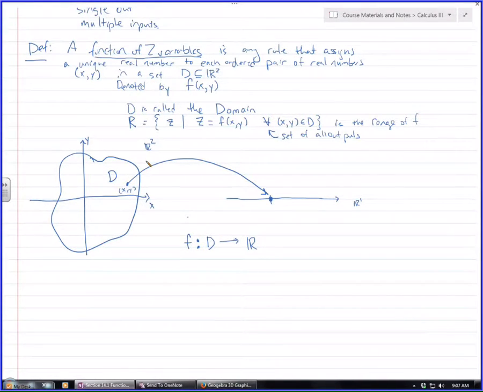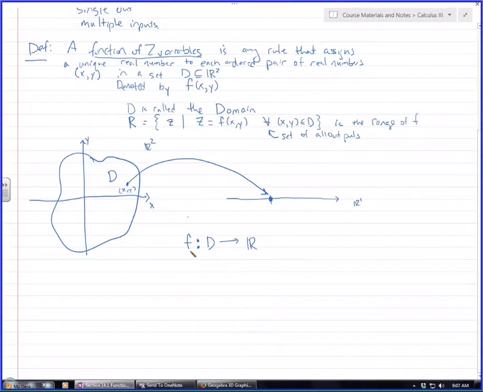So for every point, think of it like this. You've got a piece of metal, and every location on there has a temperature. Okay, so every point location has a different temperature. You're just assigning to every point some numerical value.